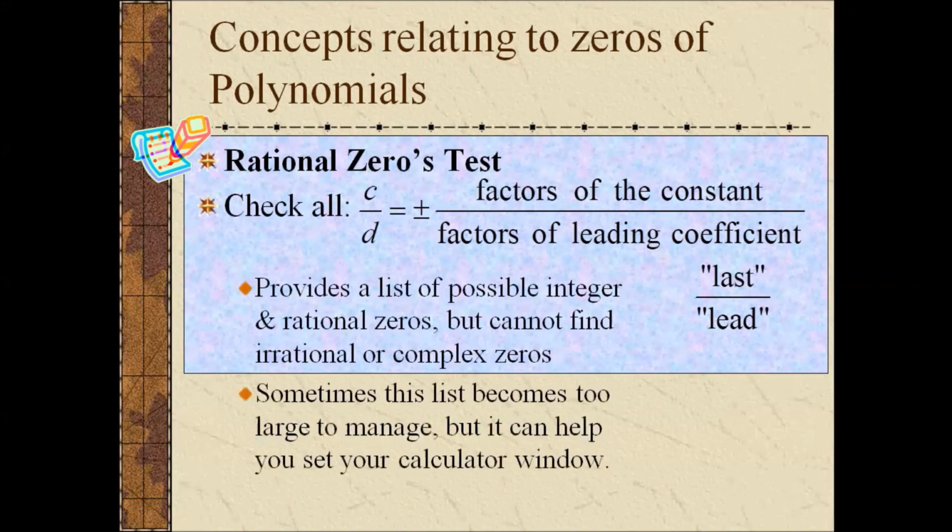And we're going to find out that sometimes this list can become pretty large, and we won't want to check every single one of those suspects to see if they are a zero of the polynomial, but it can help us set up a calculator window. In the next video, we'll see some examples where we'll use all these concepts to try to find zeros of polynomials.